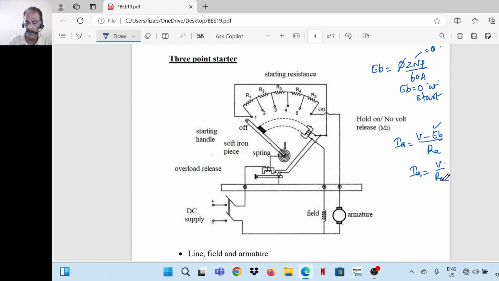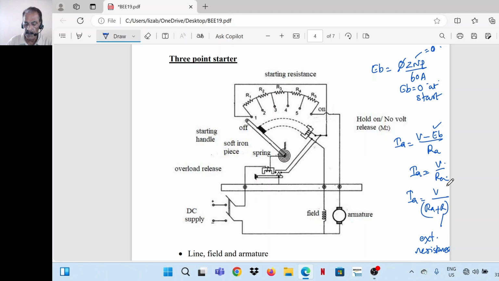So what we do is, we connect a resistance in series with the armature while starting, so that equation for Ia will be Ia is equal to V divided by Ra plus R at start. This is the external resistance which we are adding, so that Ia is within limits.